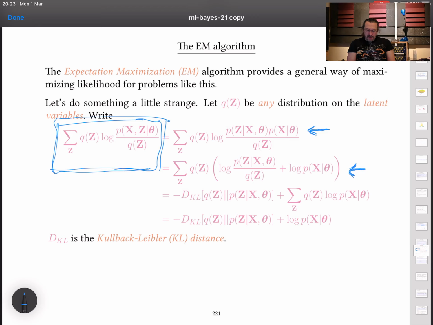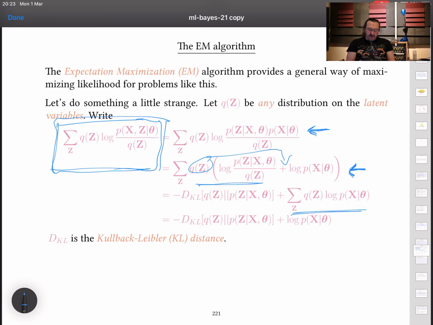In the third line, I've written the first chunk of that summation, and I'm distributing that summation over this chunk and the chunk that results from taking Q of Z inside and putting it in front of that second part there, which gives you this.